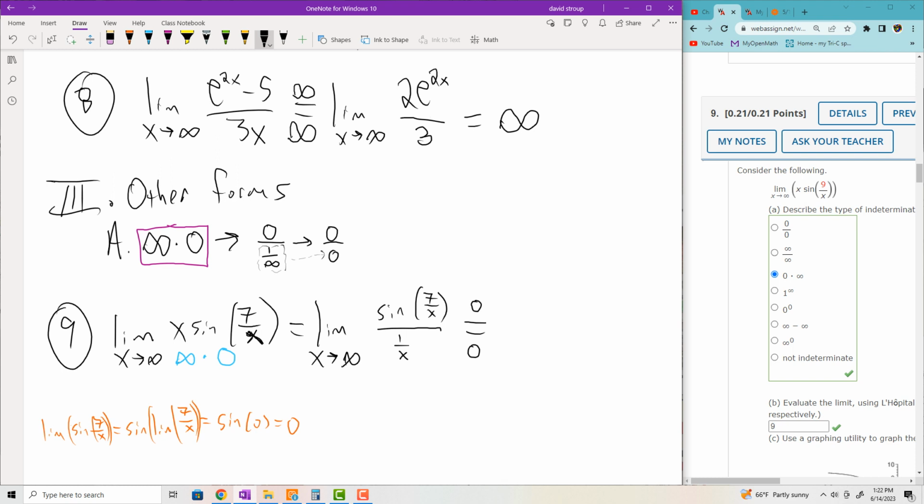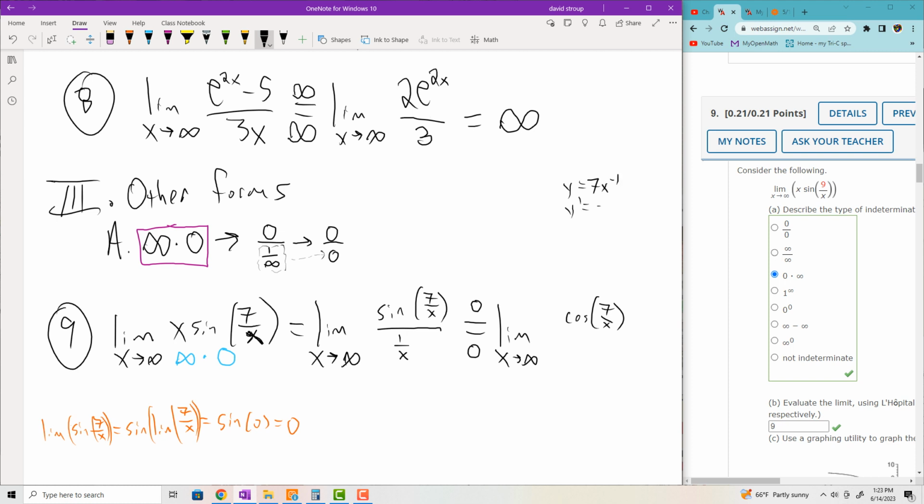Okay. So once you get it in this form, now you can apply L'Hopital's. And that's the common theme between all these other types. You're just kind of using algebra to manipulate it or transform it into something you could do L'Hopital's on. So in the numerator, I'll have cosine of 7 over x. If you have y equals 7 over x, it's 7x to the negative 1.